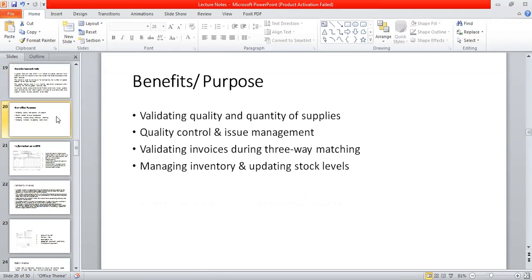The purpose or benefits of the goods received note is it validates the quality and quantity of the supplies. It is also used for quality controls and issue management, and also to validate invoices during the three-way matching, whereby the invoice is reconciled with the goods received note and also the purchase order in the accounts department.